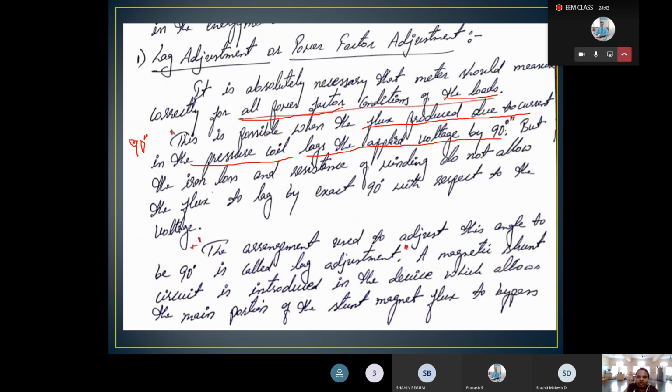But it's not possible. Why? The whole wattmeter we are going to use has iron; the material of the instrument is iron only.